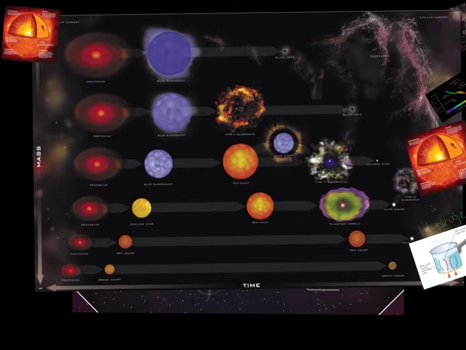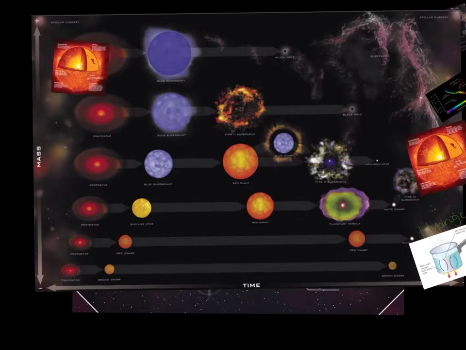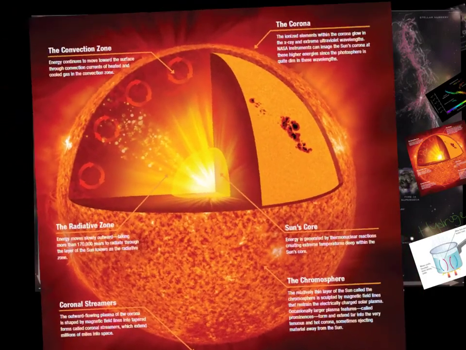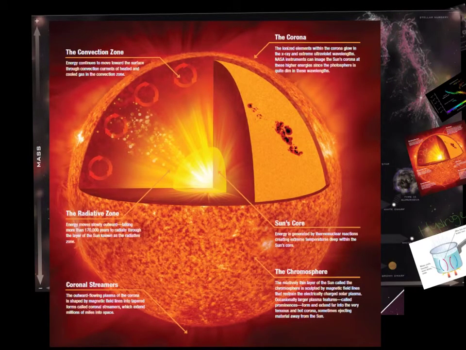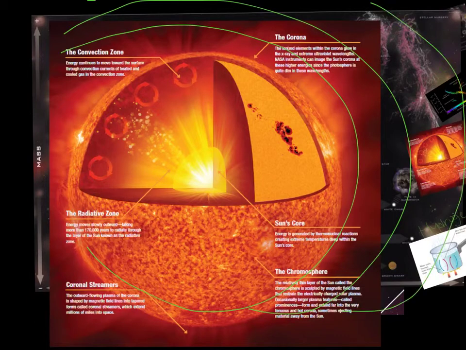The star becomes lighter because it has burned most of its hydrogen, and then the radiative zone becomes much stronger than gravity, and it starts to swell. It just keeps swelling. It keeps getting bigger and bigger and bigger.